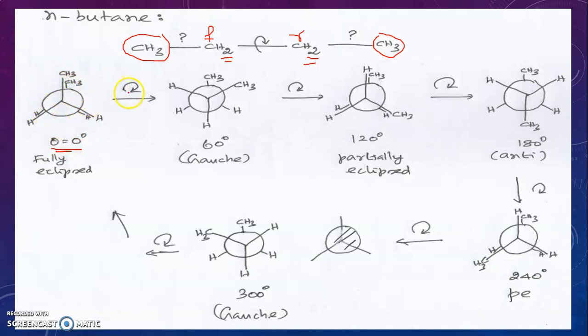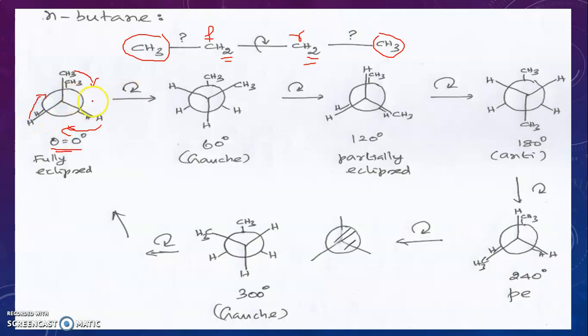Now I am going to carry out rotation about this carbon-carbon single bond. I am going to do rotation clockwise, right? In this analysis, I am going to keep the rear carbon as such, and I am going to rotate only the front carbon. Okay, so when you rotate the front carbon, what will happen? This methyl group will come over here, and this hydrogen will go here, and this hydrogen will go here, correct?